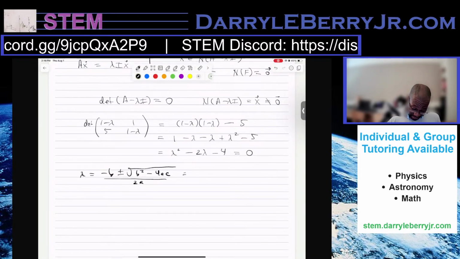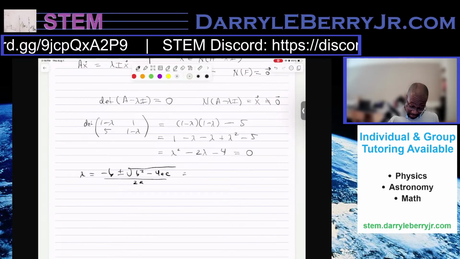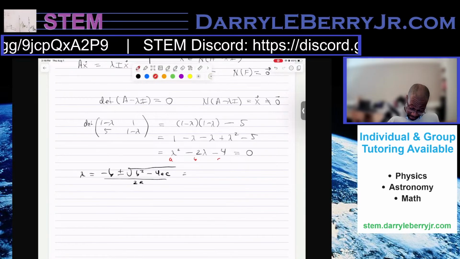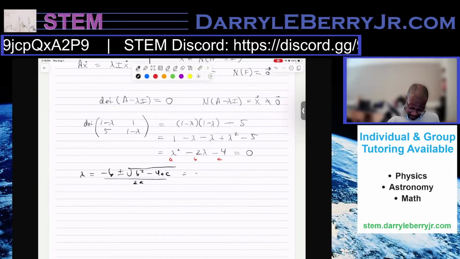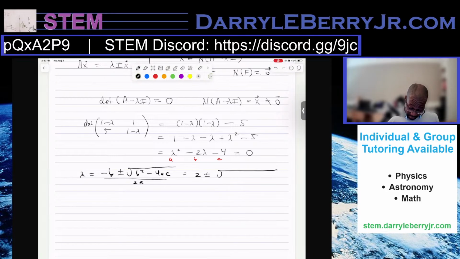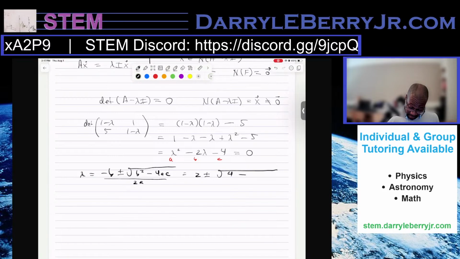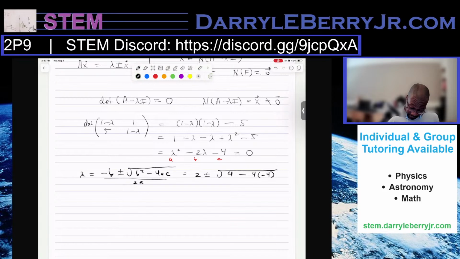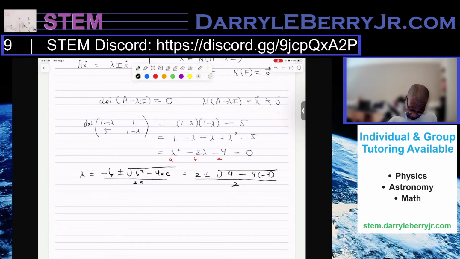So that means that lambda equals negative, so the coefficients will be a, b, c. So we have negative negative 2. So that's 2 plus or minus square root of 2 squared. And it doesn't matter about the negative, it's just 4 minus 4 times, and c is negative 4, over 2 times a, which is 1, is just 2.